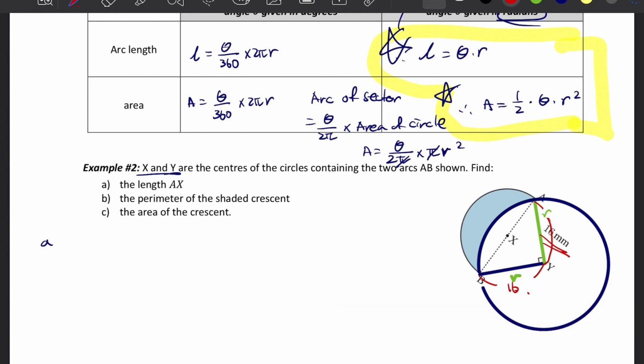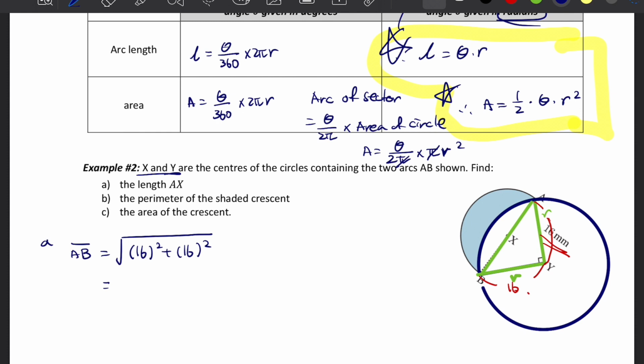Then we can simply use Pythagoras to identify the length of AB, right? The length of AB is the same as the square root of 16 squared plus 16 squared, right?